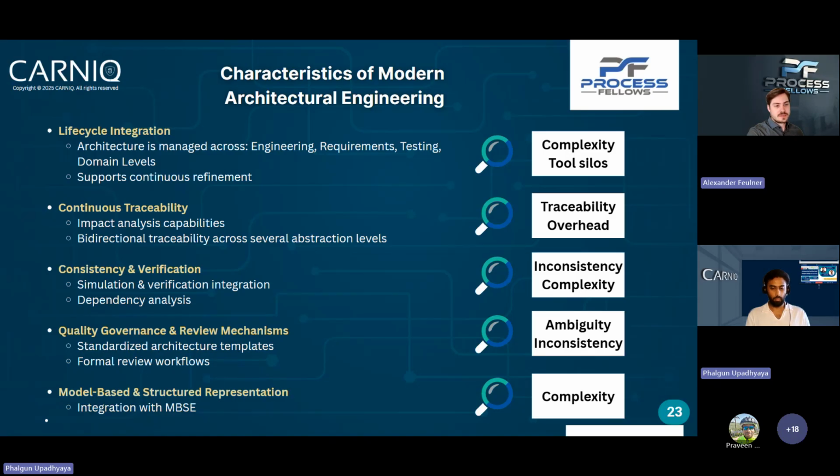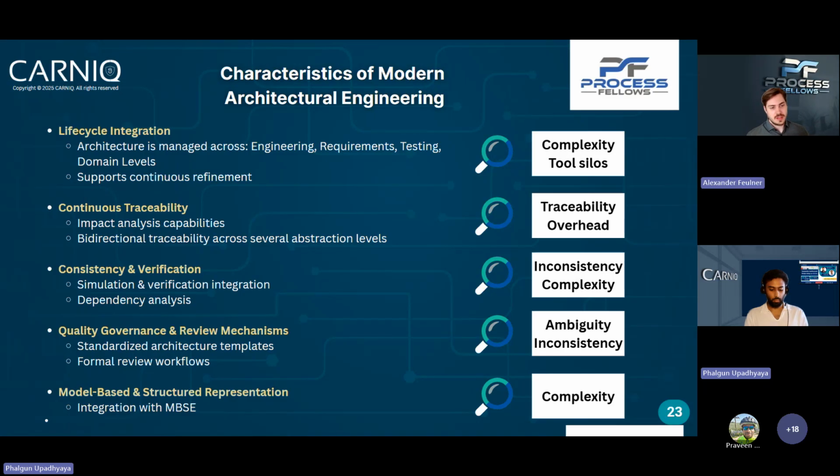Also, the modern architecture should be capable of supporting consistency checks, also supporting some verification already included. So the simulation part, for example, when we talk about digital twins, it should already be possible with the architecture itself to run some simulations on the architecture for later verification.